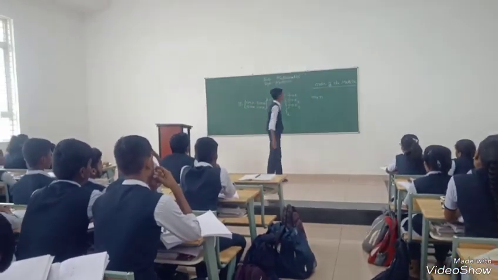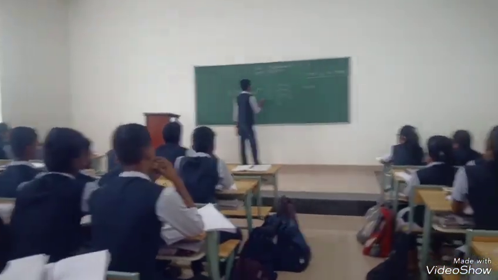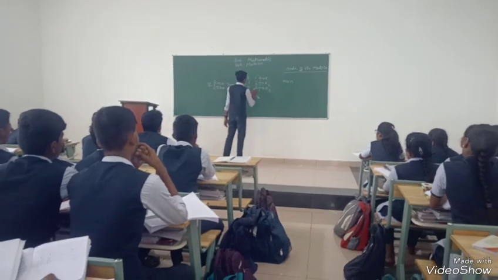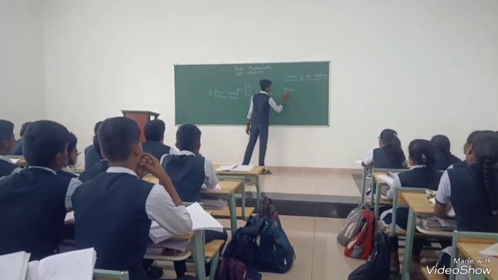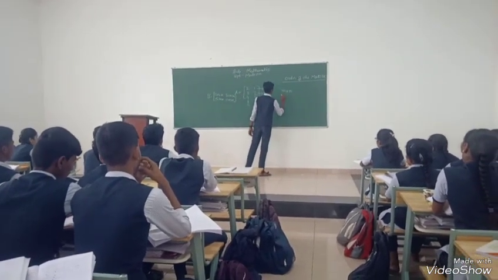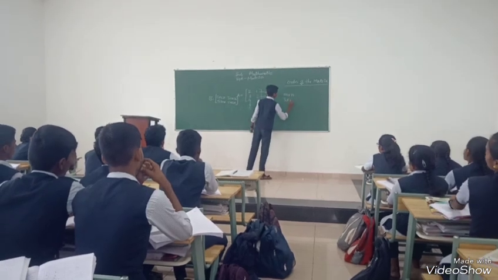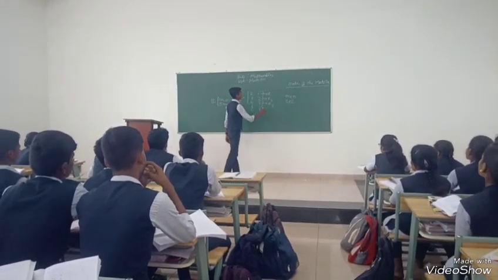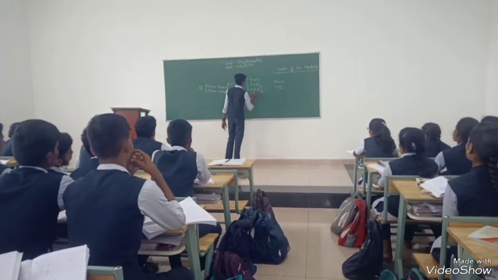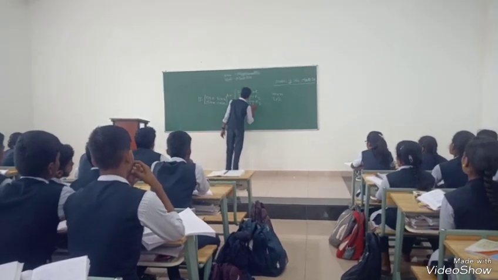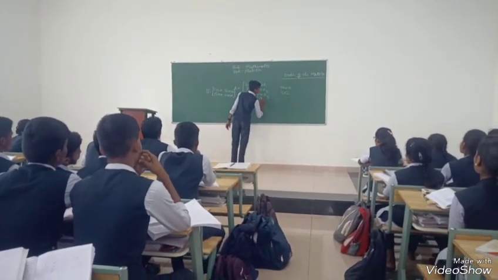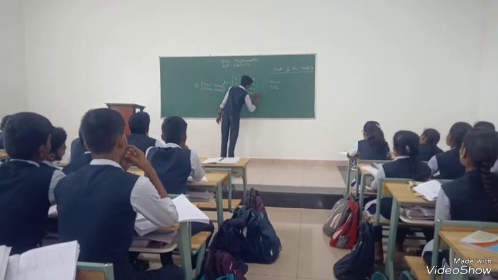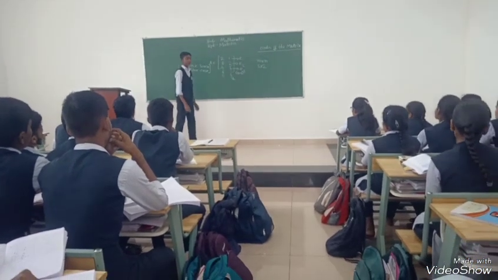For example, in this matrix there are three rows and two columns. Then the order of this matrix is 3 into 2, which is written as a subscript of the matrix, like this.